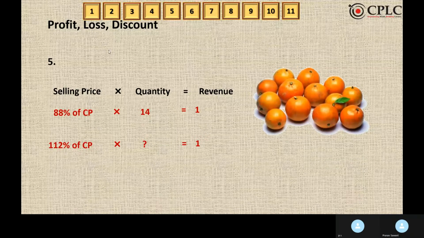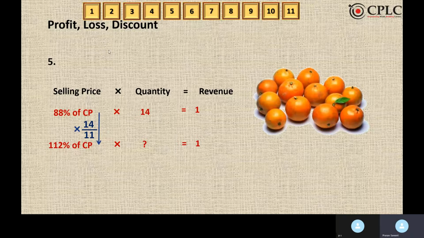Now, while going from old selling price to new selling price, we will get that the fraction is 14 upon 11. So we will simply do 112 upon 88. So if we do 112 upon 88, we will get 14 by 11. So basically, into 14 by 11 will give us the new selling price. Now, the concept is selling price is inversely proportional to quantity.